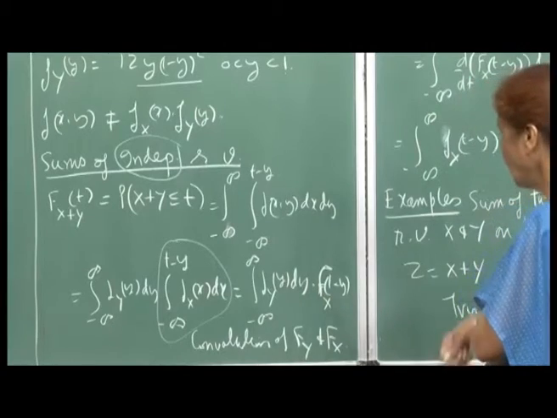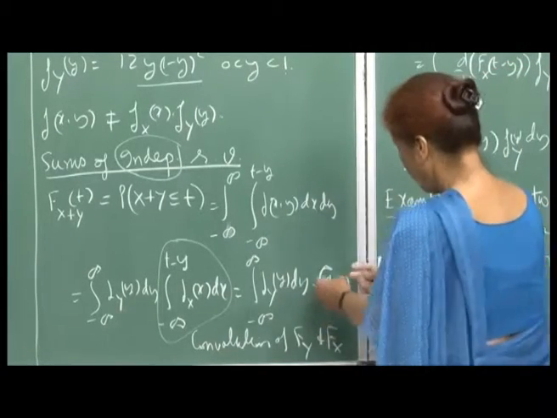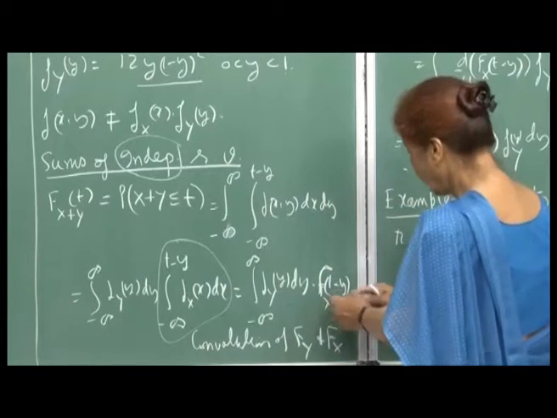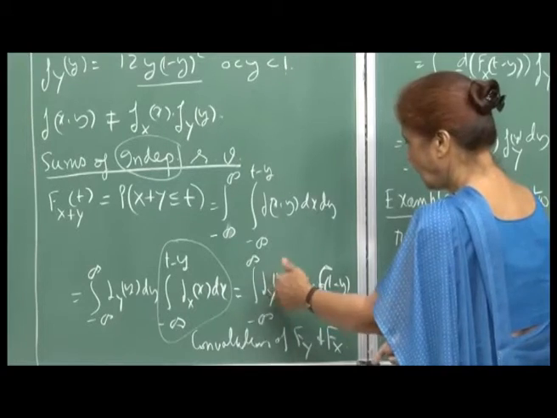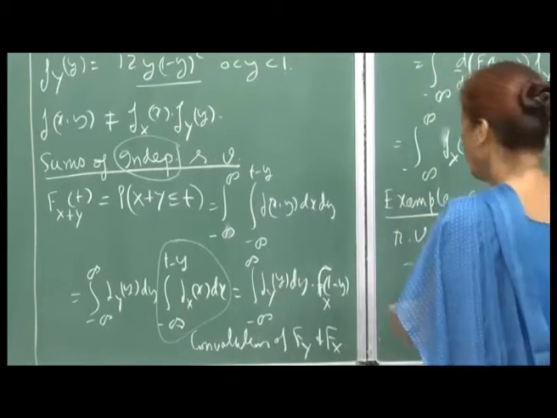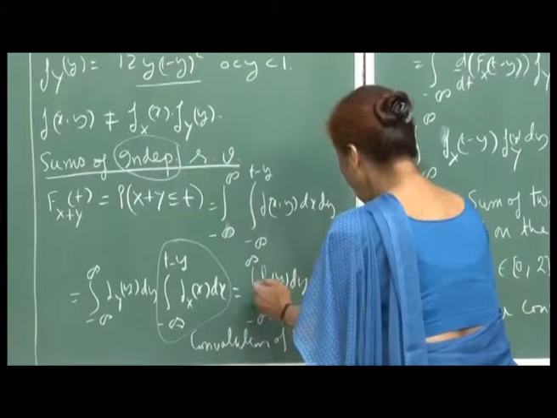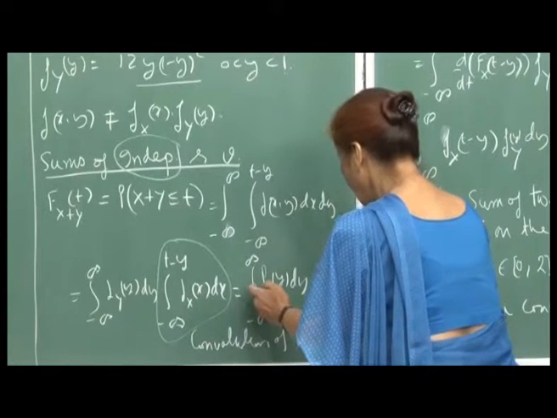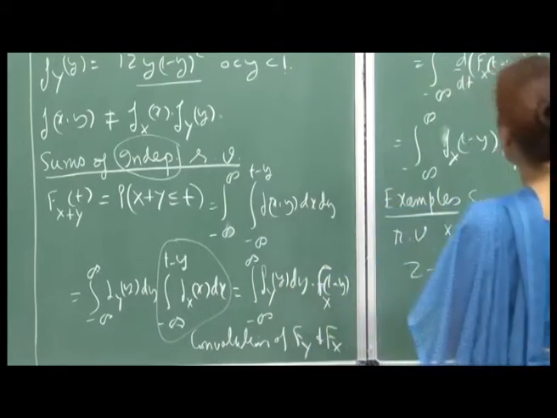So, this is called a convolution, because this is at y and this is at t minus y, but I will make things more clear here.